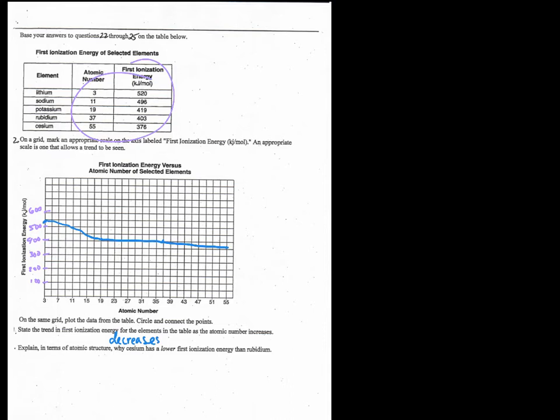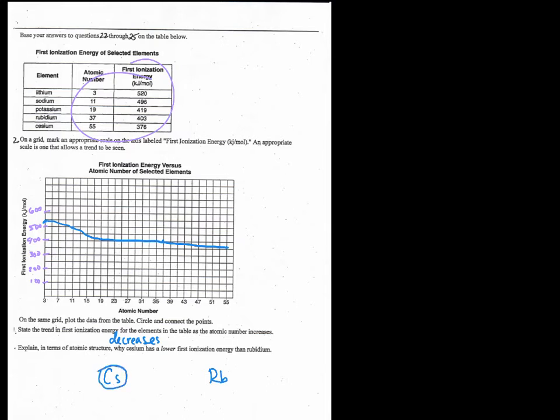Explain in terms of atomic structure why cesium has a lower first ionization energy than rubidium. Let's see. Let's compare cesium and rubidium. So they're all group 1, so they have 1 valence electron each. But cesium versus rubidium, cesium has 6 electron shells. So I'm going to try to draw 6 circles here.